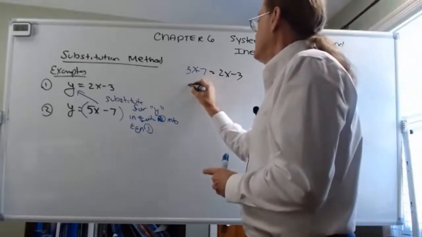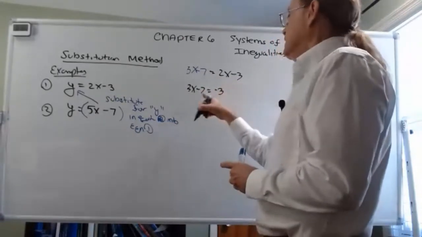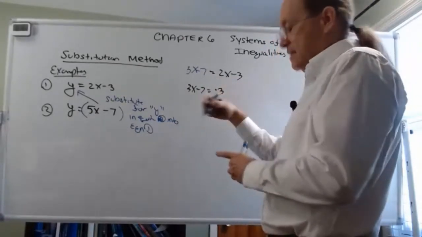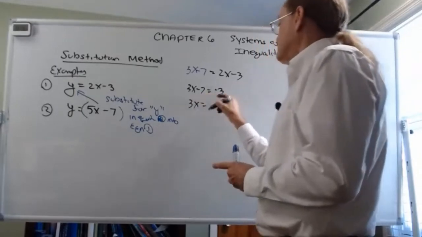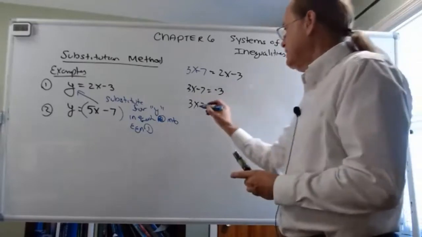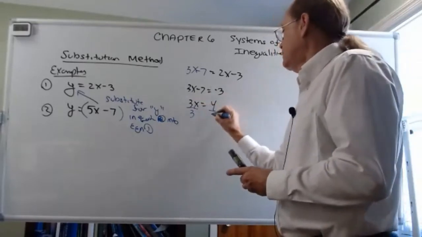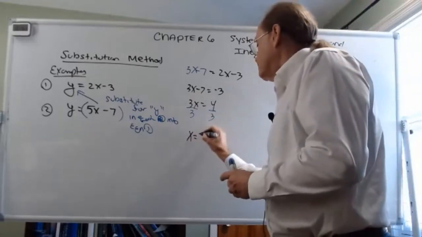That would give me 3x minus 7 is equal to negative 3. And I add 7 to both sides. So I'd end up with 3x is equal to 7 minus 3, which is 4. Or x, in this case, is equal to 4/3. So that's one solution. I get x is equal to 4/3.